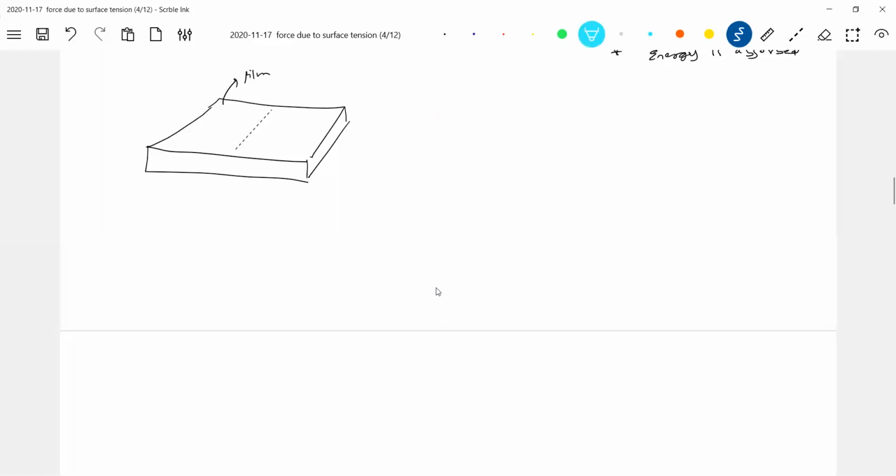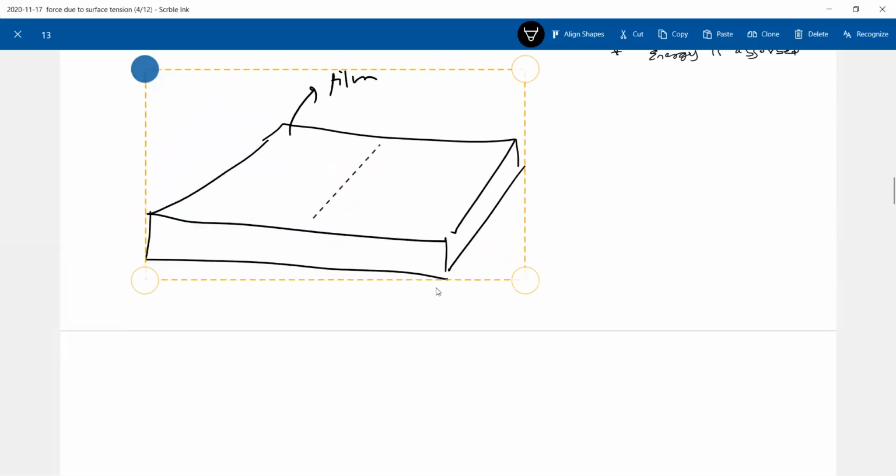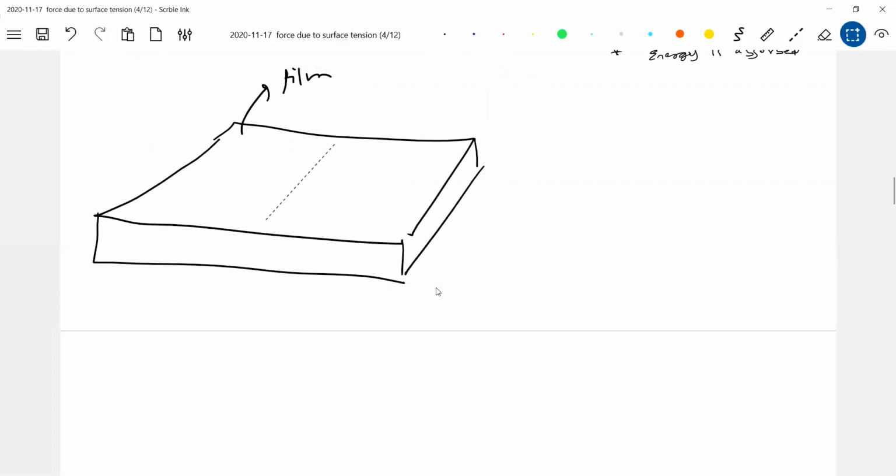Those molecules which are present here, I'll draw a bigger one. Now everything here is what? The liquid. This will really help you a lot. Rather than numericals, I just want a background: how the force due to surface tension will act.